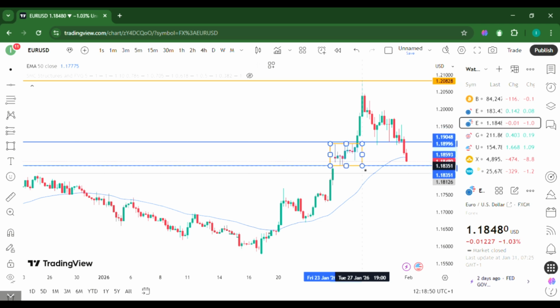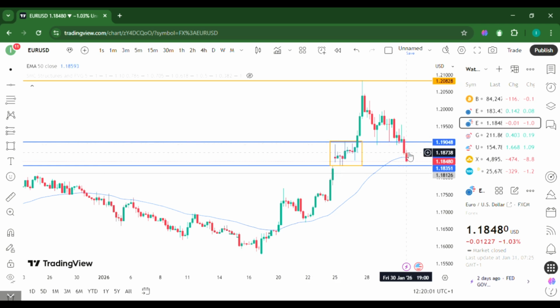This is a typical example of what I am talking about. This happened on the 27th and 28th of January 2026. This move here. Price actually showed a strong resistance level to sell at this point.